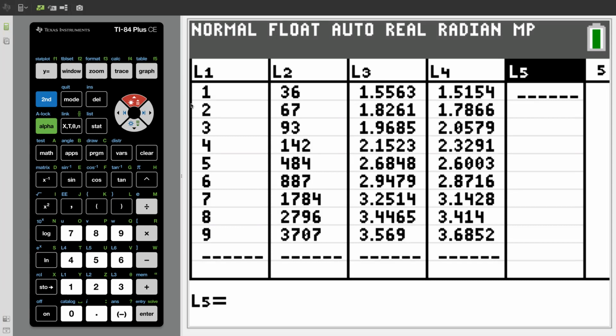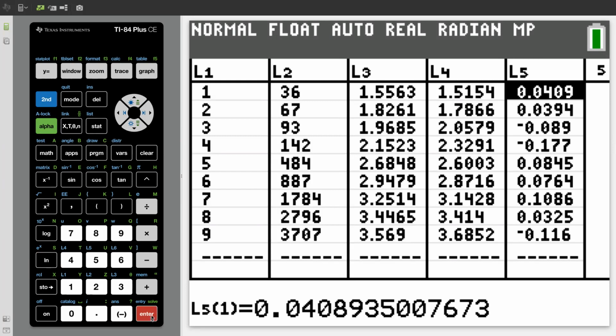I got to find the residual. So the residual is the y value minus the predicted. So in other words, I'm going to take L3 minus L4. So I'm going to say equals L3 minus L4. Okay. So those are the residuals.